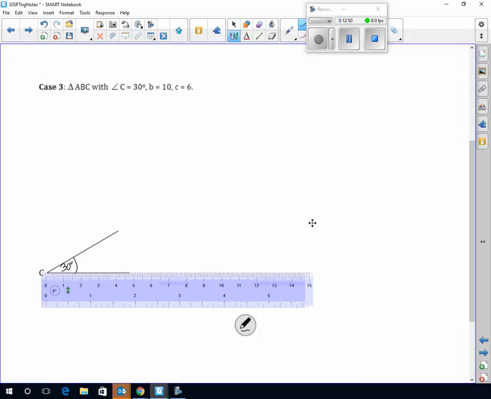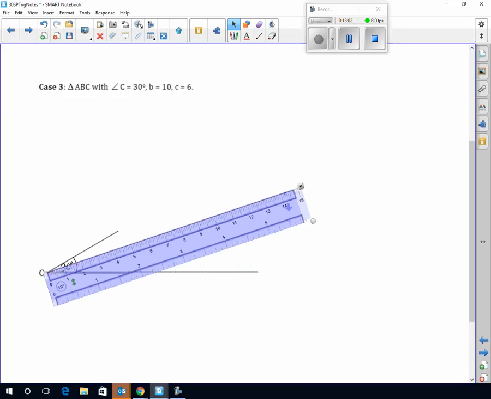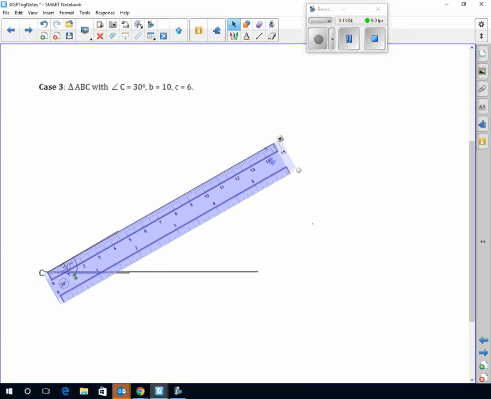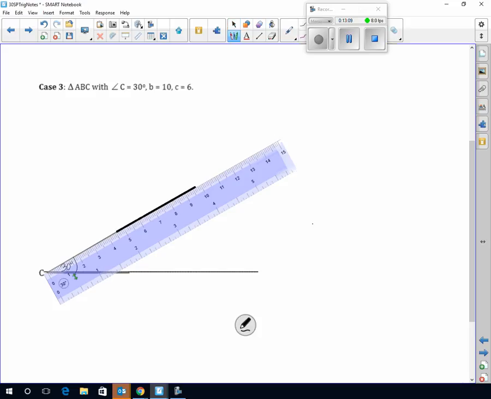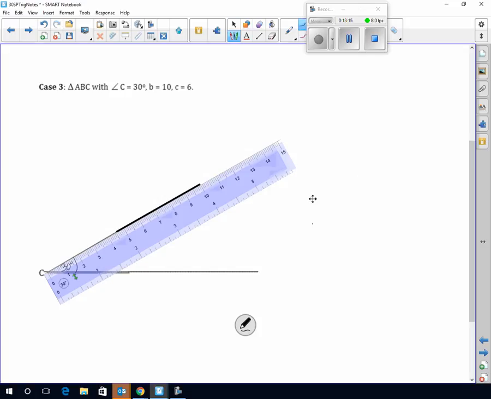Okay, I'm extending A. Yes? I'm going to measure B, which is 10. So I'm going to measure this 10 centimeters long, and I'm going to draw it. Oh, I made it too thick. Oh, that's okay. So B equals 10 centimeters again.